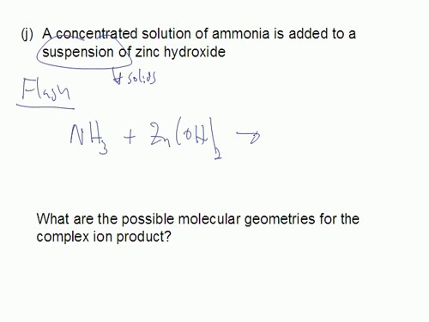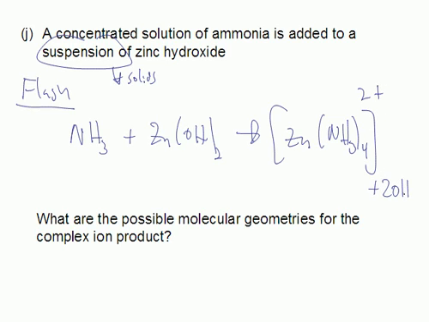Now this makes a really convoluted ion. It's a complex ion that looks like this: Zn with ammonias complexed in here, 2+, and 2 OH minus. Whenever you see really funky things like that, that's called a complex ion.